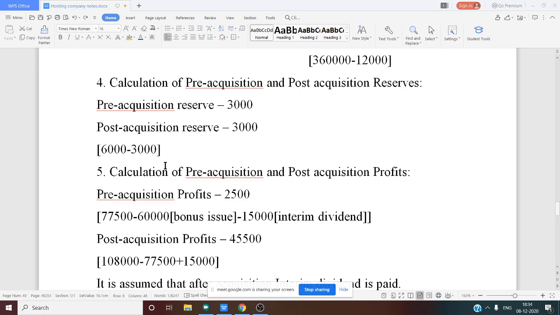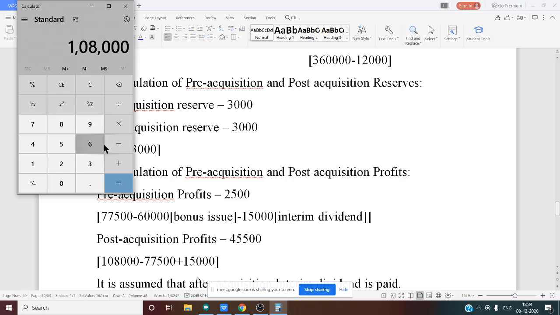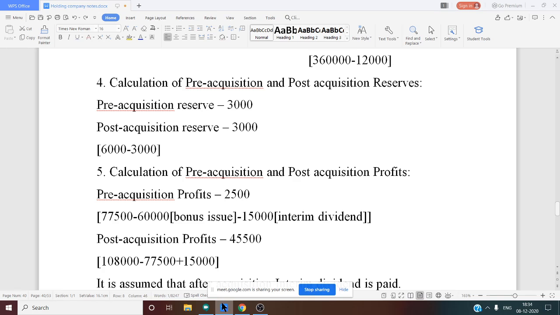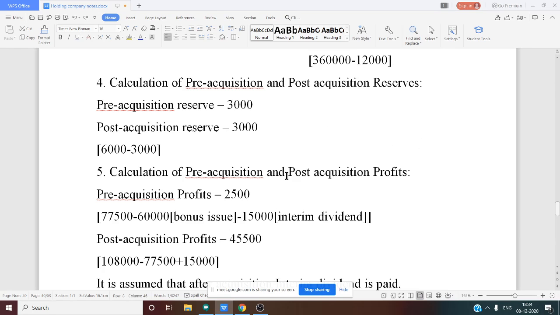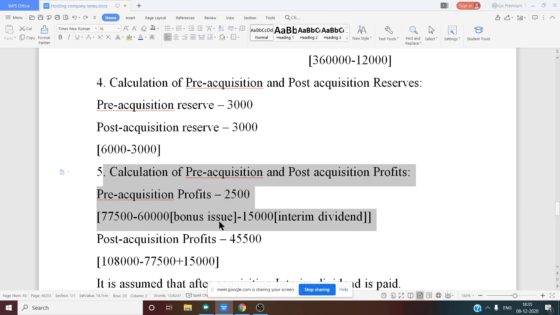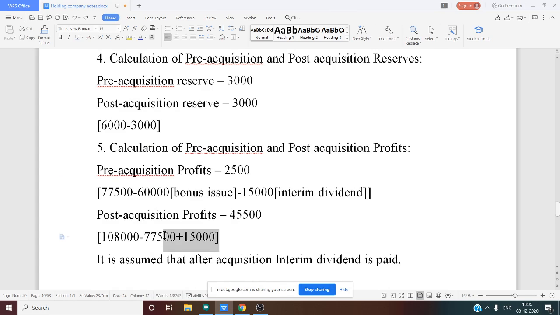We'll calculate this one. 1,08,000 minus 77,500. Yes, 30,500. See this. 30,500 is the difference amount. That means post acquisition profit, we know, is 30,500. But I have already told there is an interim dividend. Since we have deducted it from pre-acquisition profit, now we have to add it to the post-acquisition profit to cancel the transaction.